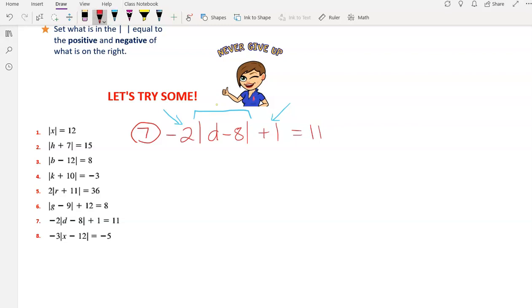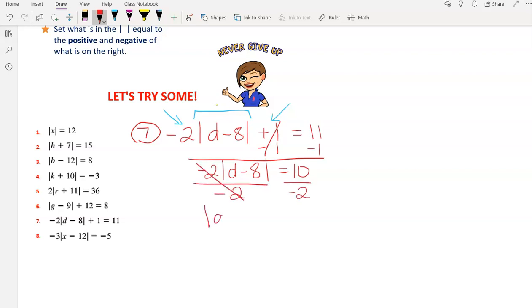When solving multi-step equations, you always move the number that is not with the unknown first. So I'm going to first move my 1 to the other side. Now I am ready to divide by negative 2. I'm left with the absolute value of d minus 8 is equal to negative 5. And again, we cannot have a negative value, so this answer is no solution.